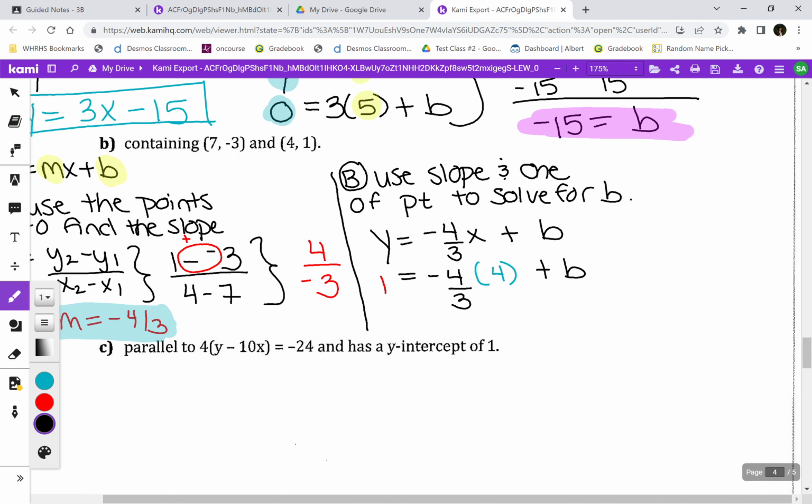So I have negative 4 over 3 times 4. Can I just multiply these? So negative 4 times 4 is negative 16, and then 3 times 1 is just 3. So now I'm going to have 1 is equal to negative 16 over 3 plus b.